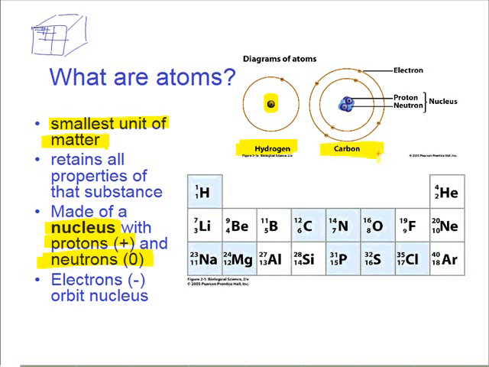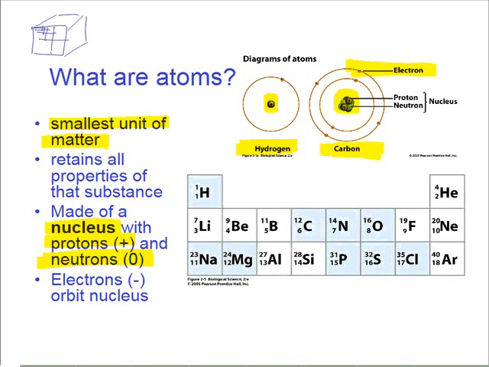So if we look at carbon over here, in carbon we have protons and neutrons both present inside of that nucleus here. Now, surrounding the nucleus, again, as I said, and orbiting at an incredibly rapid pace are these things called electrons. And electrons have a negative charge to them.